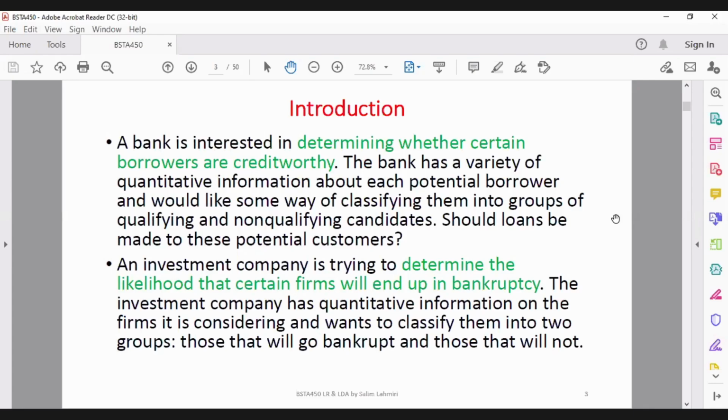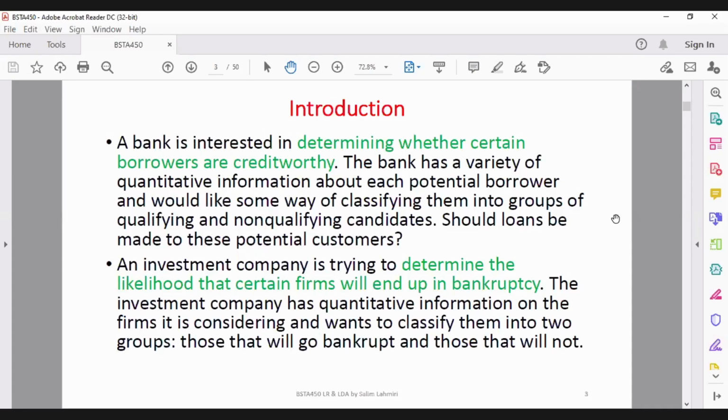The bank has a variety of quantitative and qualitative information about each potential borrower and would like to classify them into two groups: qualifying customers and non-qualifying customers.